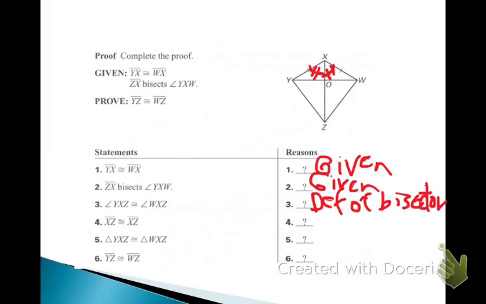Then we've got XZ congruent to itself. What would be my reason for that? Reflexive. That's the reflexive property. So how can I say these two triangles are congruent?